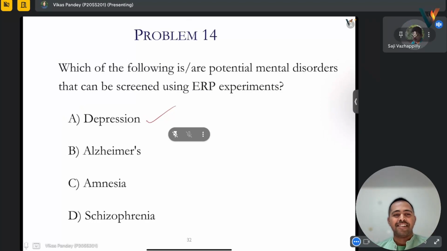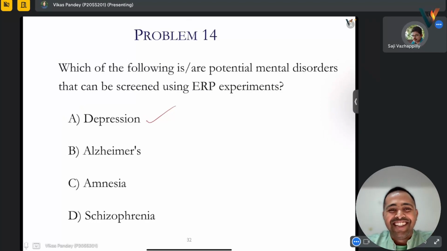When everybody will take EEG, the EEG center is full. But this can be screened using ERP, as we have seen: the potentials were getting down and getting up, excitatory potential and depressing potential.